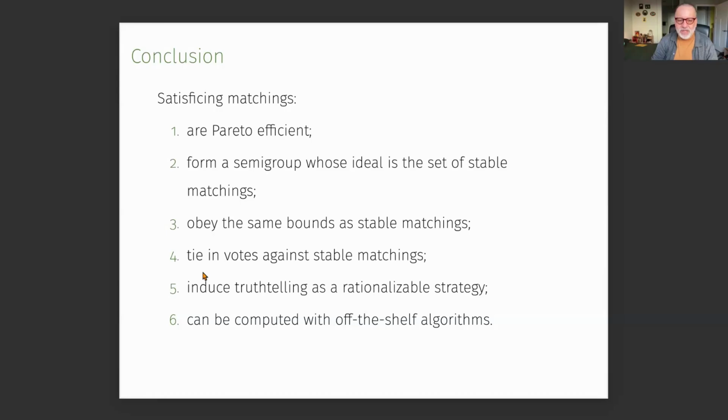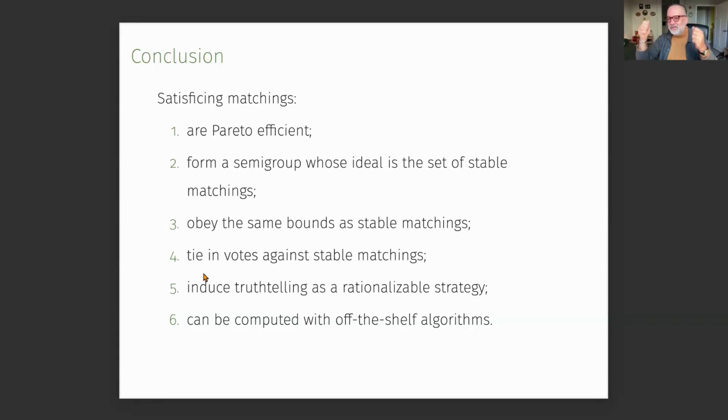Oh, I forgot one nice property. When you compare two stable matchings, if a woman prefers one over the other, both of her matches will prefer the other over the one. So there is a perfect clash between the interests of the women and the interests of the men across stable matchings. We obtain, for satisficing matchings, a weaker version of that property.